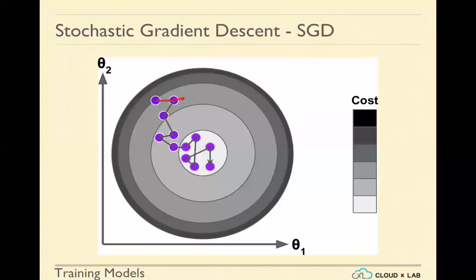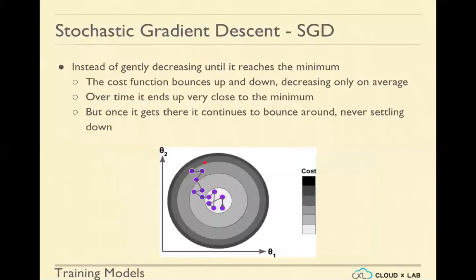Because of which, it keeps going a little erratic, because it depends on just one data point. Therefore it takes too much time to converge, or sometimes it may not converge at all, but it is extremely fast. So instead of gently decreasing until it reaches the minimum, the cost function bounces up and down, decreasing only on average. Over time, it ends up very close to the minimum, but once it gets there, it continues to bounce around and never settles down.